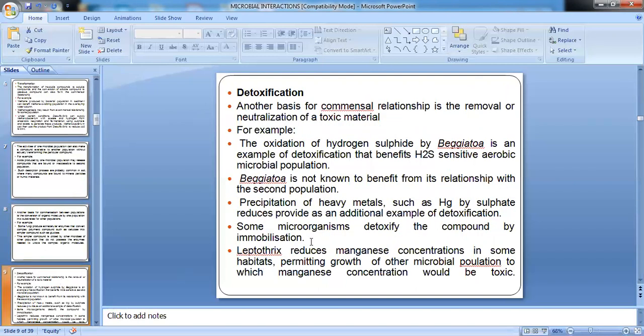Then you have another basis of commensalism, which is called detoxification, where organisms remove or neutralize a toxic material. For example, oxidation of H2S, or hydrogen sulfide, by Beggiatoa. This is an example of detoxification.